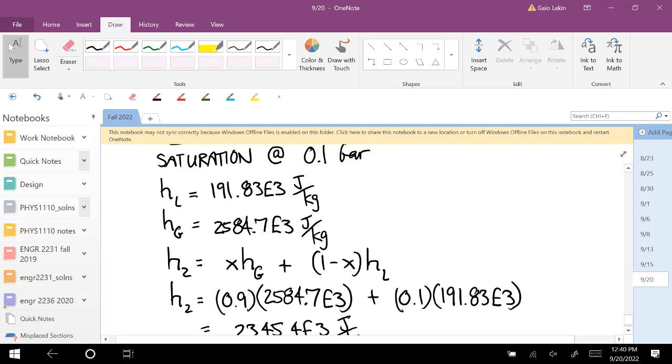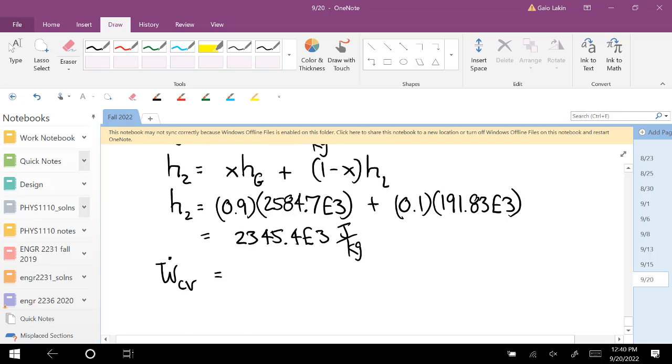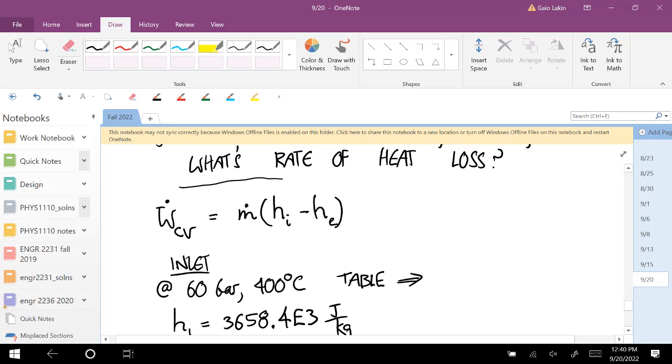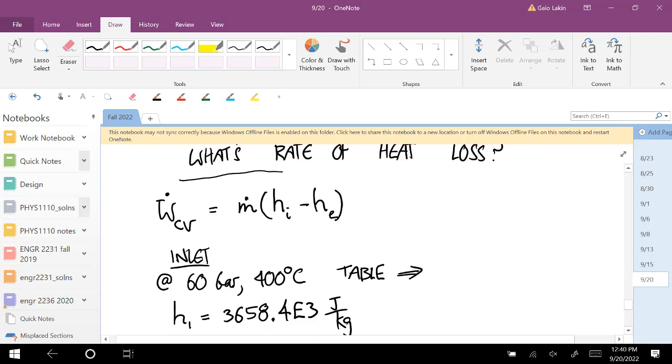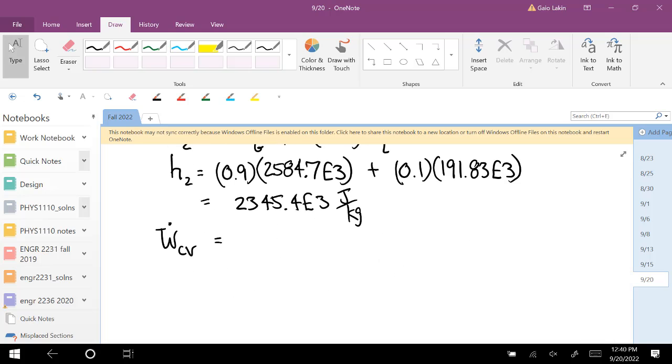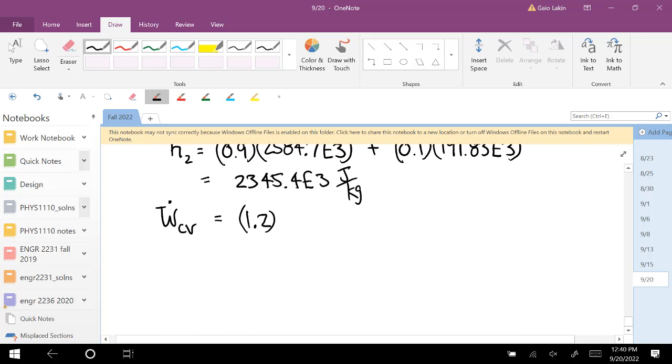So now H1 and H2 are the two enthalpy values we can use in the first law for control volumes. So work dot for the control volume is equal to the mass flow rate, which was 1.2 kilograms per second, times the change in enthalpies.